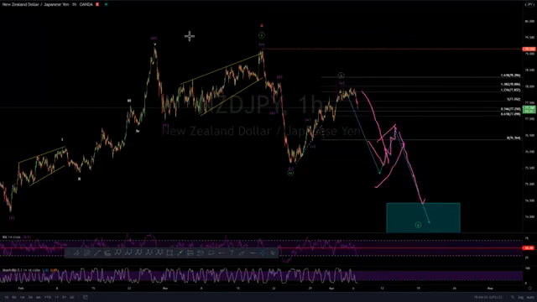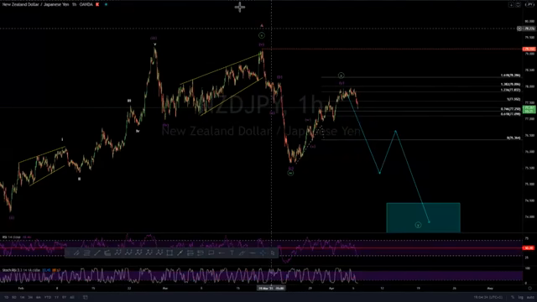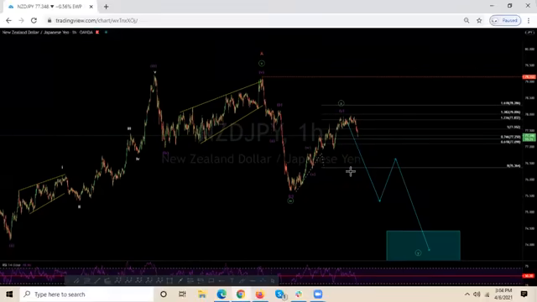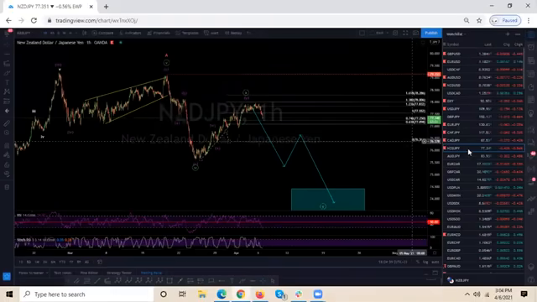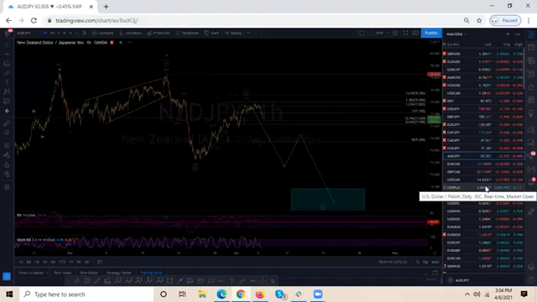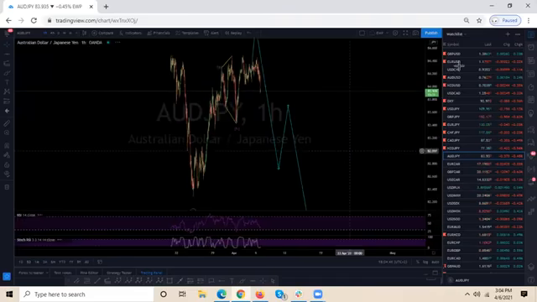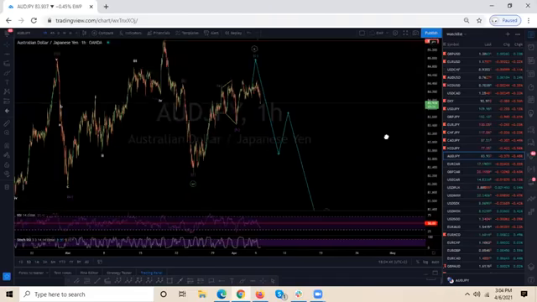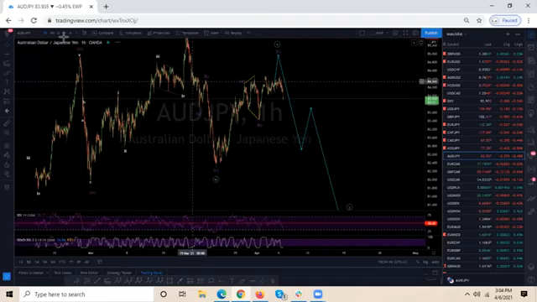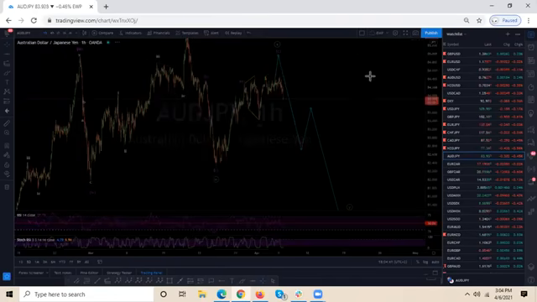All right, let's quickly take a look at AUD JPY, the last one, which is very similar to what is happening with New Zealand yen. If you look across the board, let me just quickly show you what is happening on a weekly here.